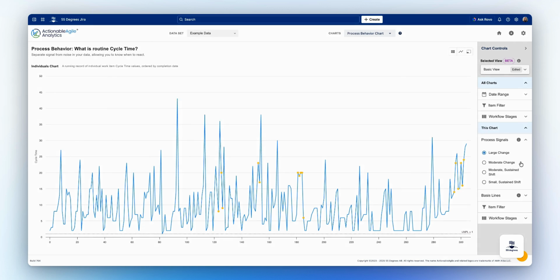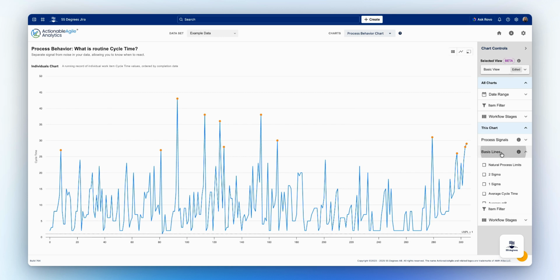In practice, most users of this chart will find plenty of signals using just the large change process signal. However, you can use the more sensitive process signals to find early indicators of a shift within your data's noise. These should be investigated only within a stable process, meaning no true signals are present, and only when they meet the criteria defined by the basis lines, to avoid wasting time and resources.